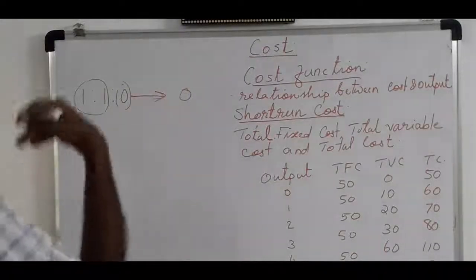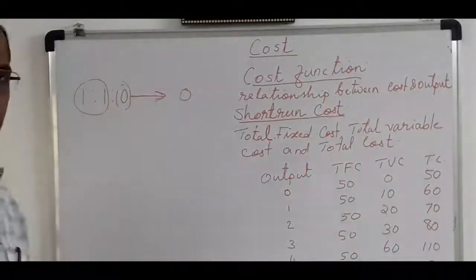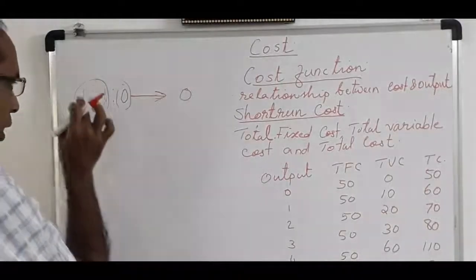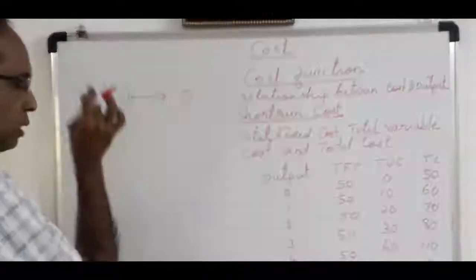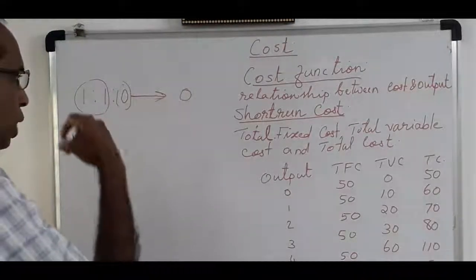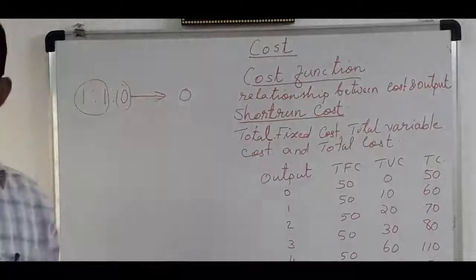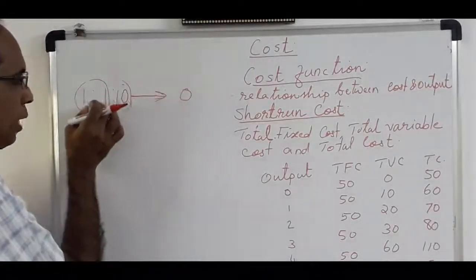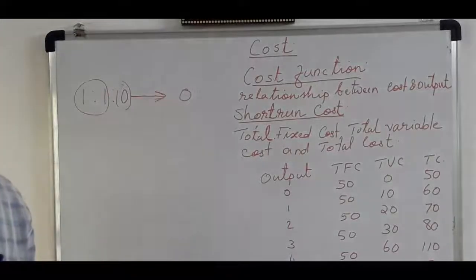And what is the cost of the producer? He has hired land and also purchased machinery, and he spent some money on these fixed factors. Even when the output is 0, he has to spend money on fixed factors.